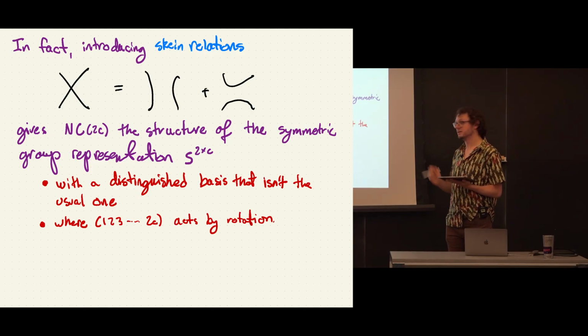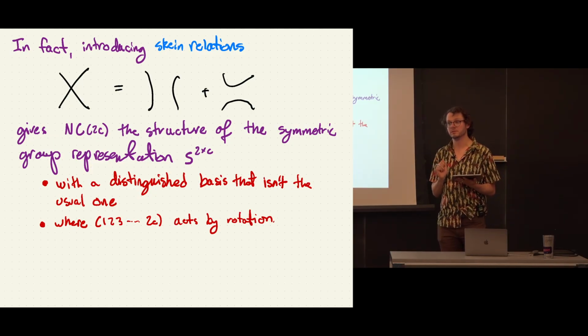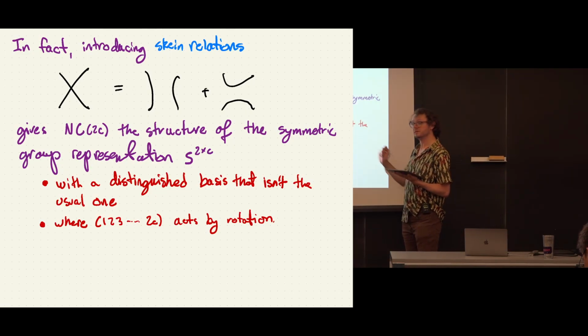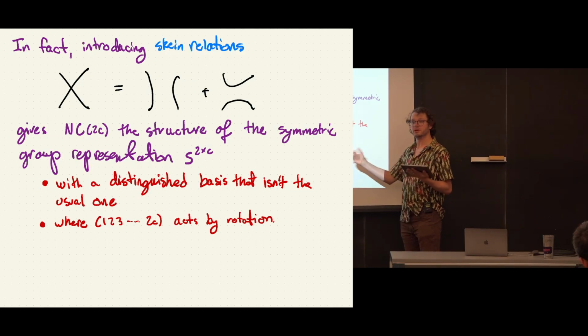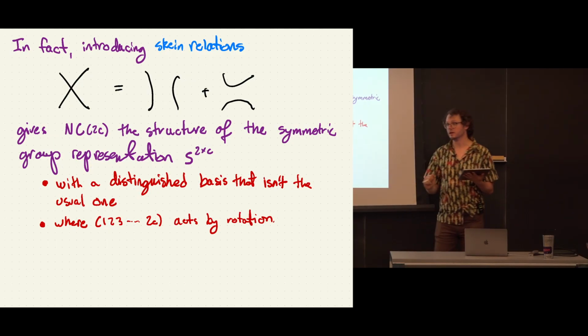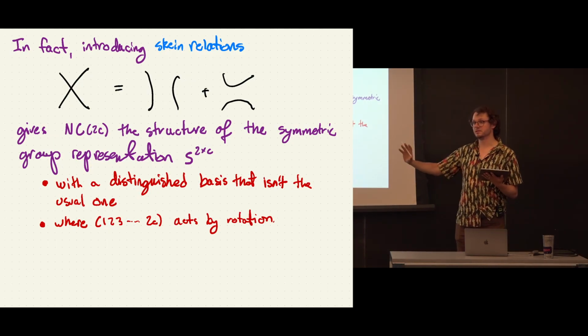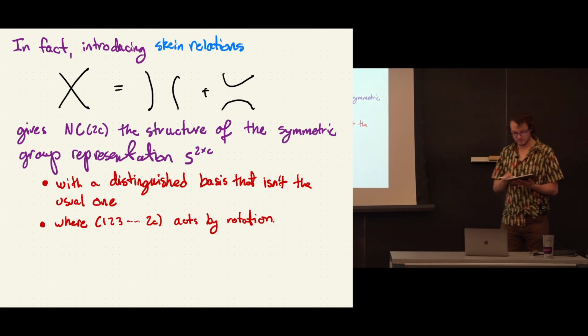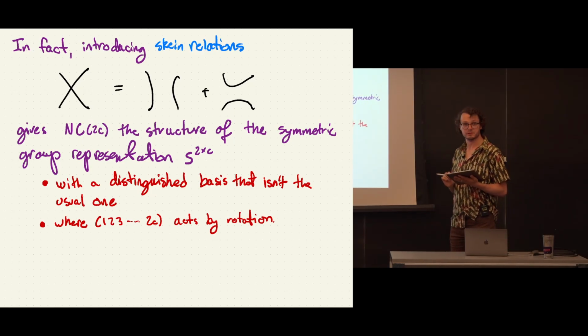This acts very nicely. It takes basis elements to other basis elements, maybe with a sign. But it just sends basis elements to basis elements instead of linear combinations, and it just acts by rotating the diagram. I index my basis by these diagrams, and I just send each one to its rotation. Very nice, okay? And so from this, you can get a representation theoretic understanding of what's happening here.